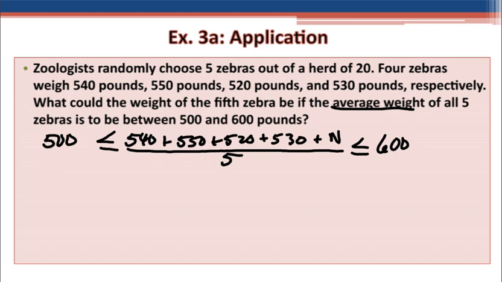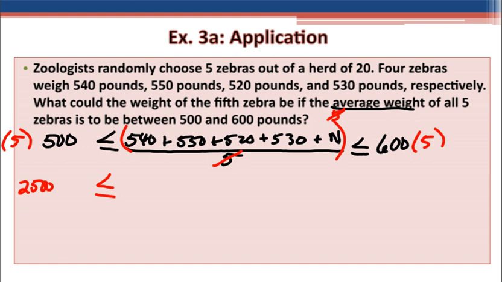So the first step, I don't want this fraction in here. So I'm going to get rid of this 5 by multiplying this middle piece by 5. And when I do that, the 5s divide out, and that's just a 1. But whatever I do on one side, I have to do on all the other sides. So I multiply by 5 on the outer edge. So this would be 2,500, which is less than or equal to.